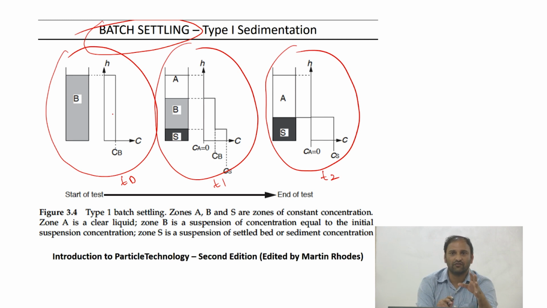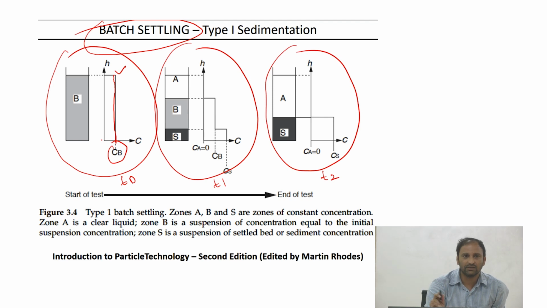The concentration of the slurry as a function of height is exactly the same. That means no matter from which pocket of the container I draw the solution, the volume fraction is exactly the same. Correspondingly, in the concentration plot, the concentration everywhere throughout the height is Cb.